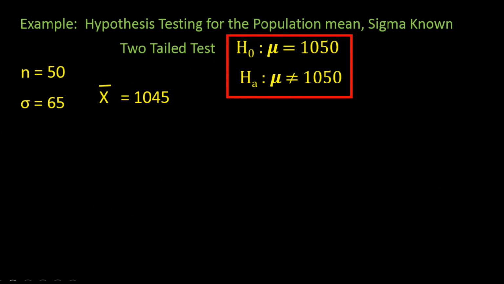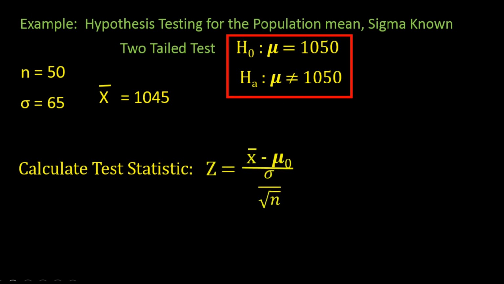The next step in hypothesis testing is to calculate the test statistic. That will be used to determine the difference between the sample mean x bar and the hypothesized value of the population mean mu. The test statistic for the mean when sigma is known should be familiar to you. It looks like this: Z is equal to x bar minus mu divided by sigma over the square root of n. Now we have a little not sign there in the mu because it isn't just mu, it is mu naught, which means the hypothesized value of the mean.